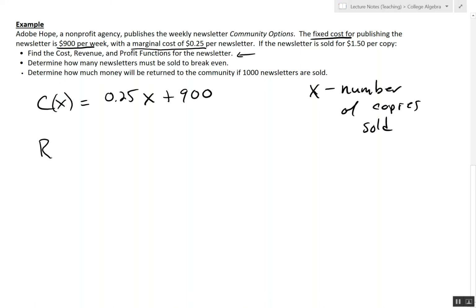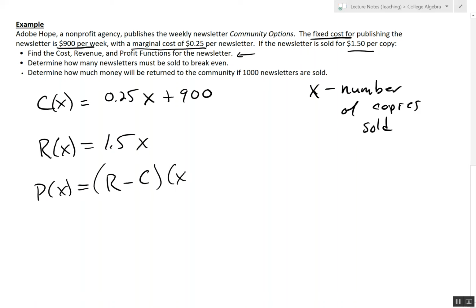To find the revenue function, well, we just said it was x times the price per item sold. Well, if we're selling them for $1.50, this is going to be 1.5 times x dollars. And then the profit is just R minus C of x, which is R of x minus C of x.